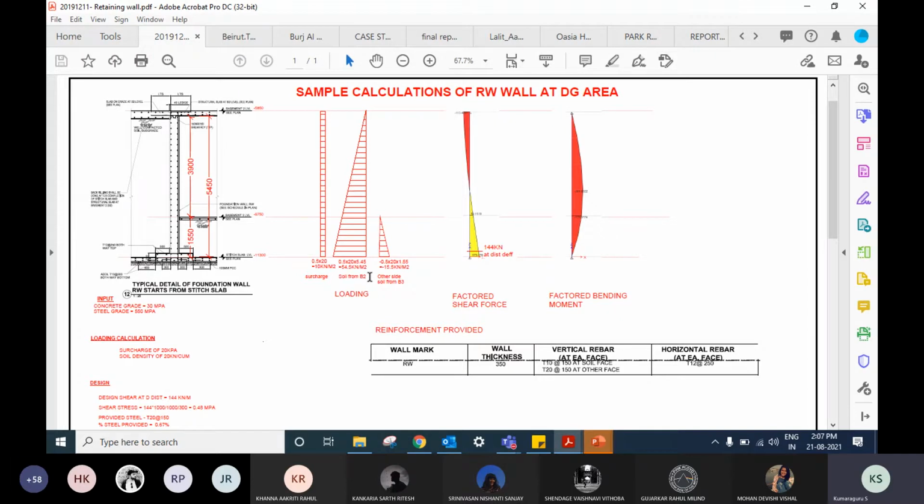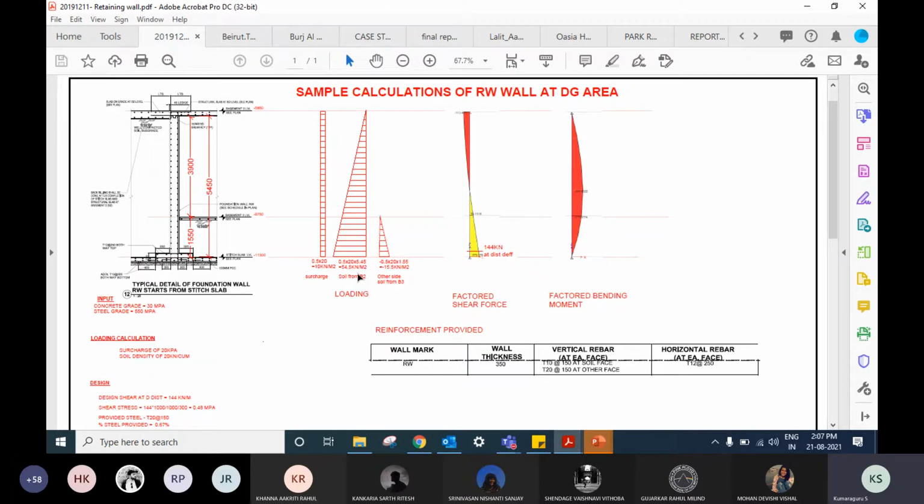Now, the formula for bending moment in the simply supported case is WL squared by 8, where W is in terms of kilonewton per meter. It's a uniformly distributed load. How do we convert this triangular load into a uniformly distributed load? I have told you, just assume it's a rectangle and put half of it, reduce the intensity by half, then you'll get something like a UDL, a uniformly distributed load.